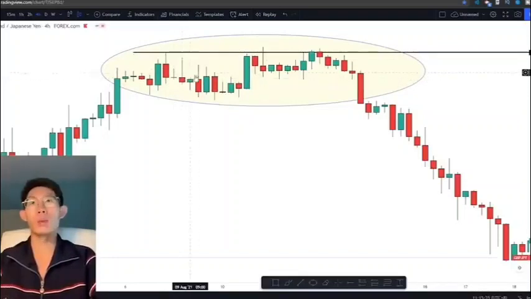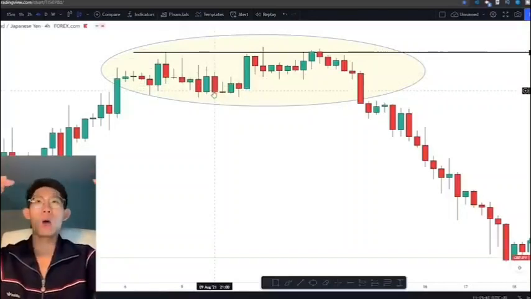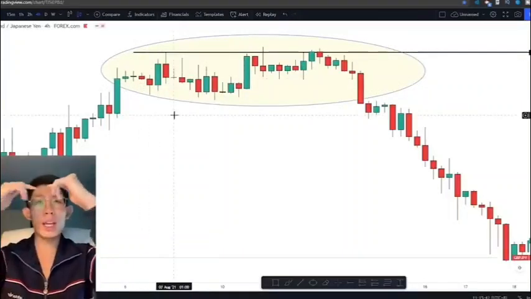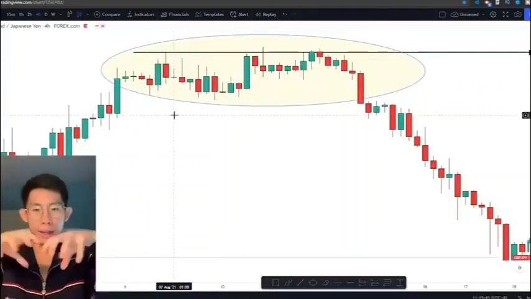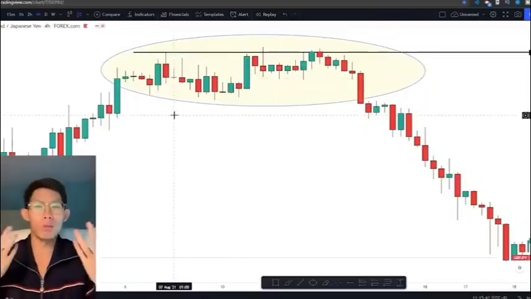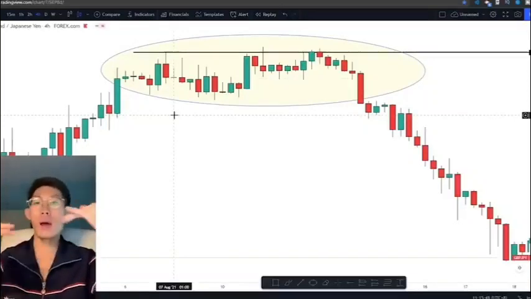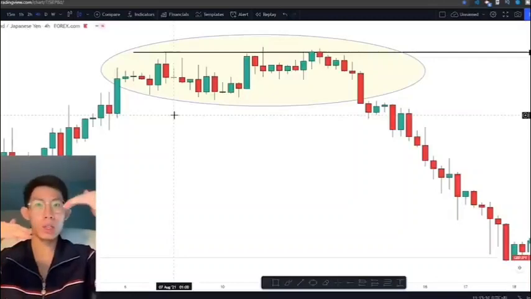Same thing over here, price got pushed all the way up and then wick back down, and over here wick back down, wick back down, right? The candlesticks are rejecting that key level, and that shows us that price might not be breaking past this key level. It might be coming down, so we should look for sell.